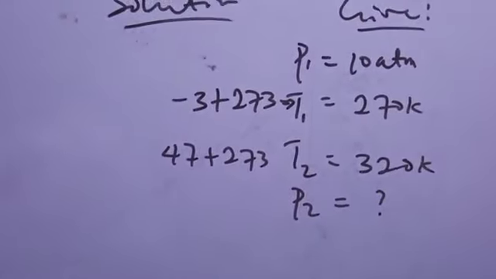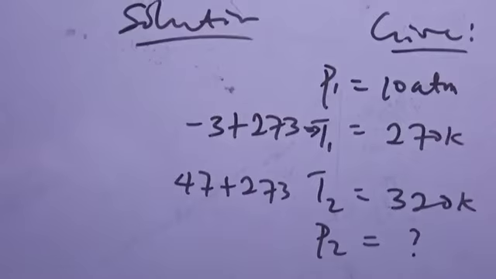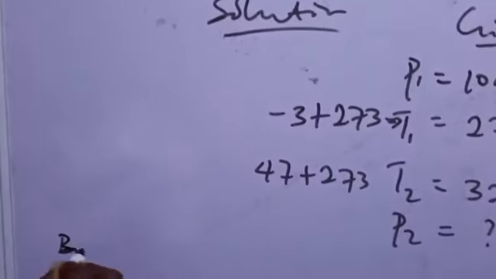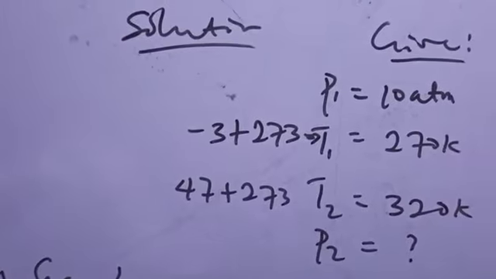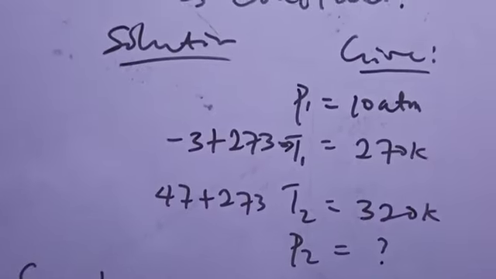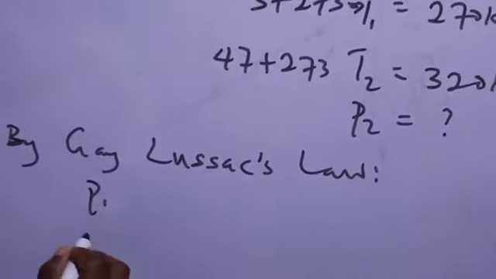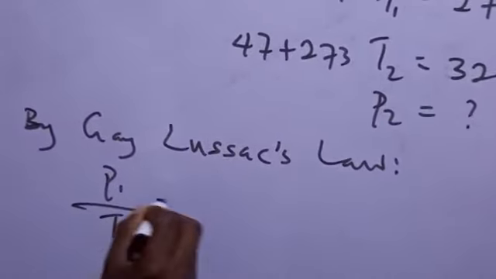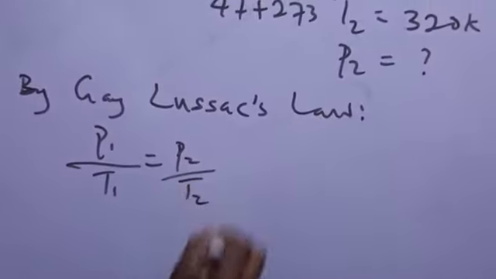Therefore, by Gay-Lussac's law, we have that P1 over T1 is equal to P2 over T2.